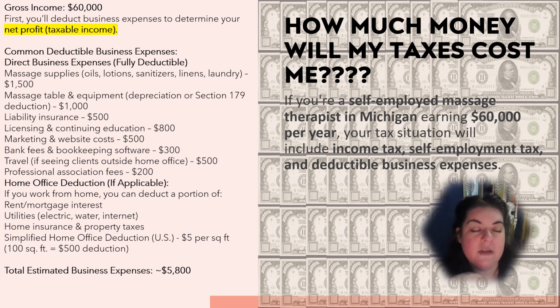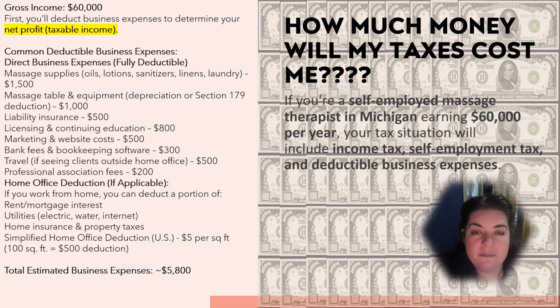Now you're going to take your expenses and subtract that from that grand total. And what you're going to end up with is your net profit, which is also your taxable income. All right. So we're going to take this big total, this gross income that you originally made, this $60,000, and then we're going to start removing the cost of expenses from it, because you didn't just pay yourself $60,000.